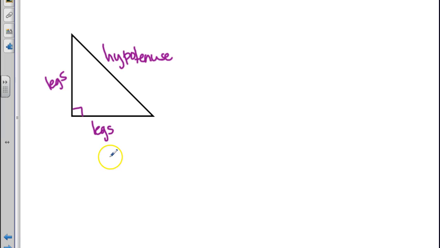If we have two triangles and two pairs of corresponding legs are congruent, then we have a new theorem that we can look at. So let me get that picture out here.